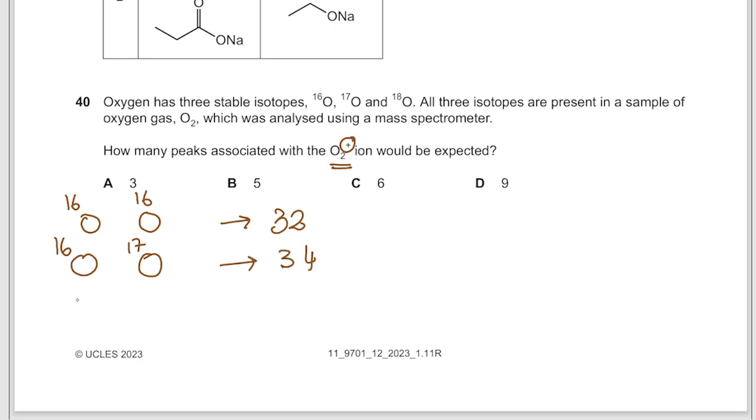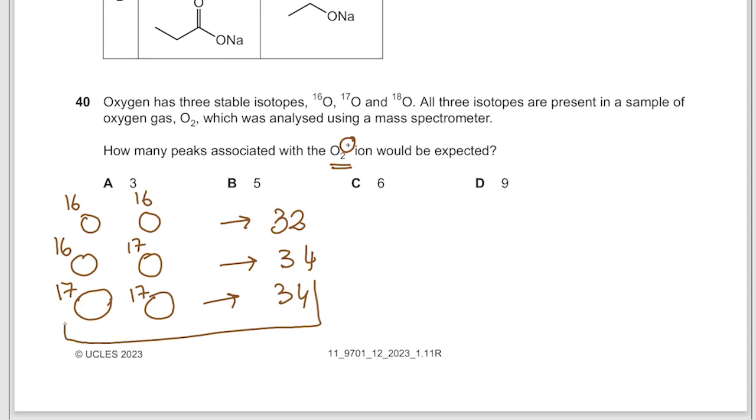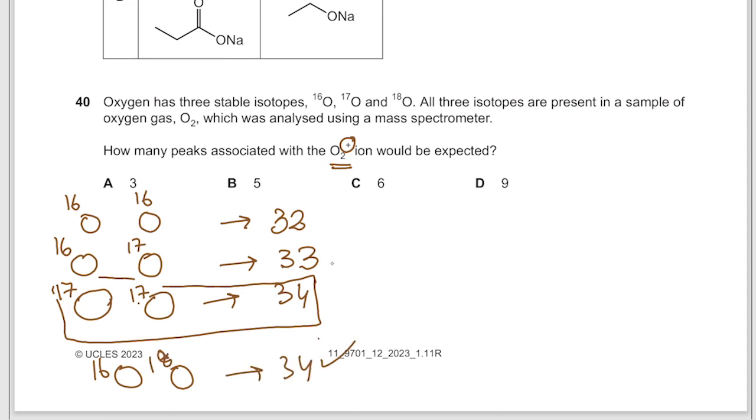It can be 17 plus 17, 34. It can be 16 plus 18, 34. So we can take one value of them.